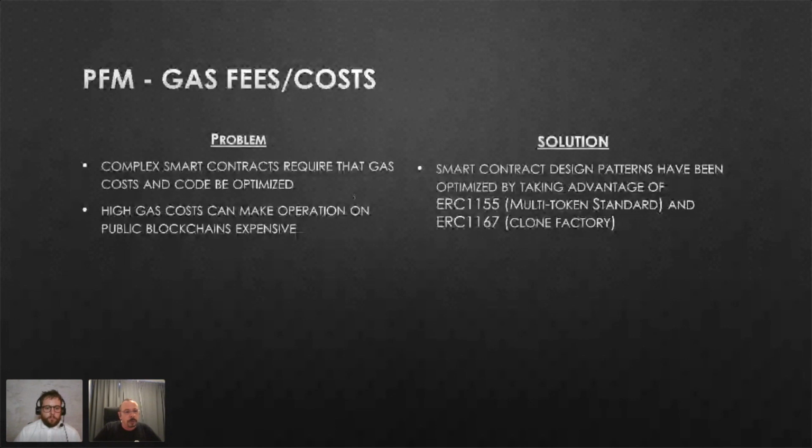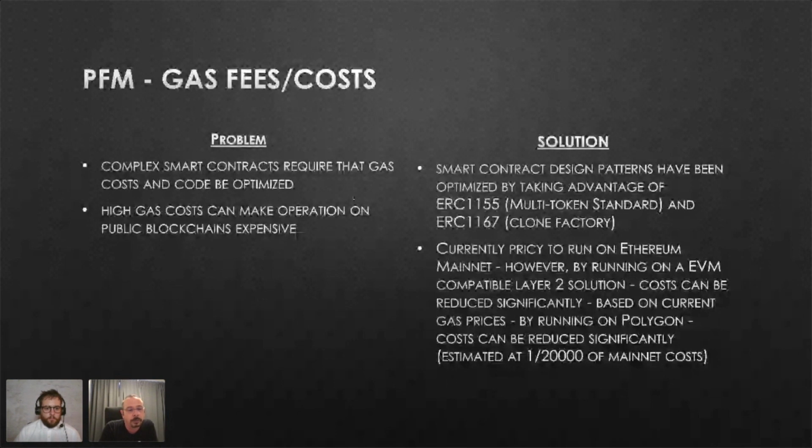By moving to a layer 2 solution, we can cut those costs by 20,000, so that cost goes almost down to $5, which makes the operation of PFM very economical on a layer 2 solution. And the added advantage of the layer 2 solution is having the security of the main Ethereum blockchain in terms of ensuring the validity of the data.